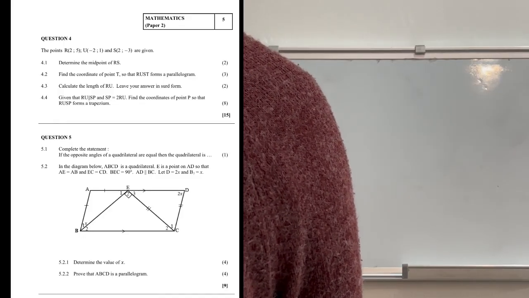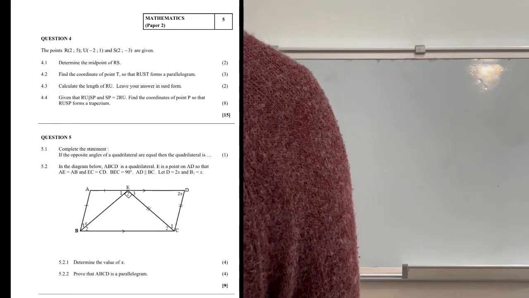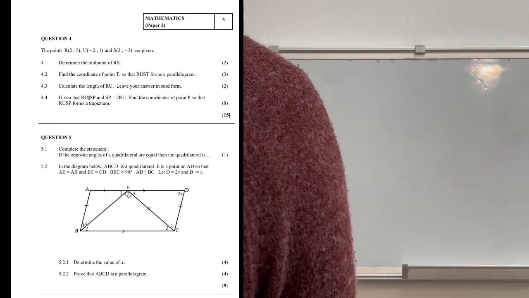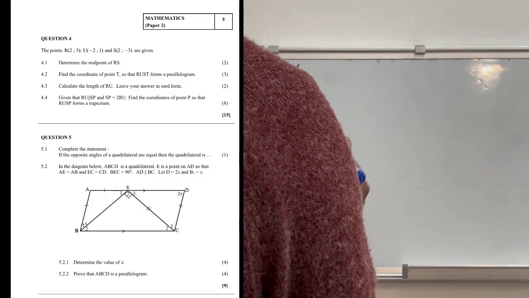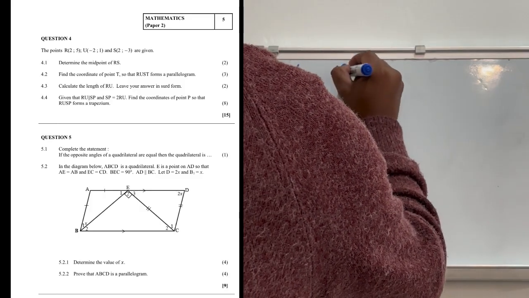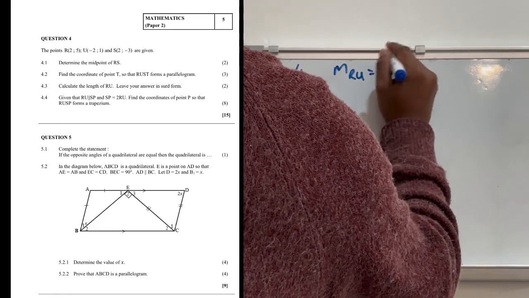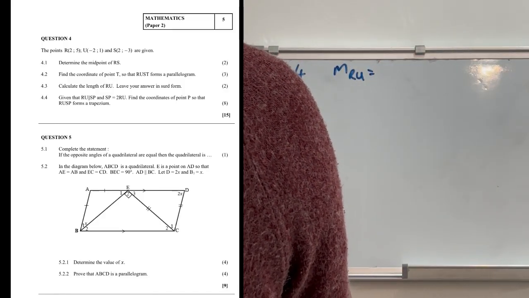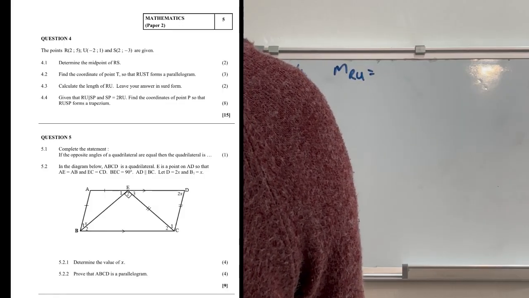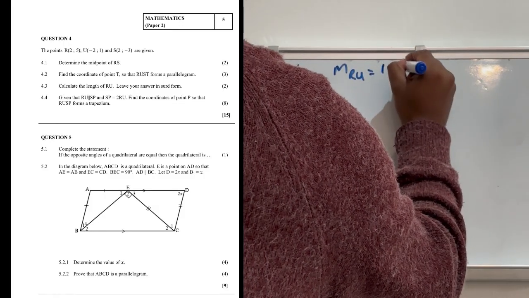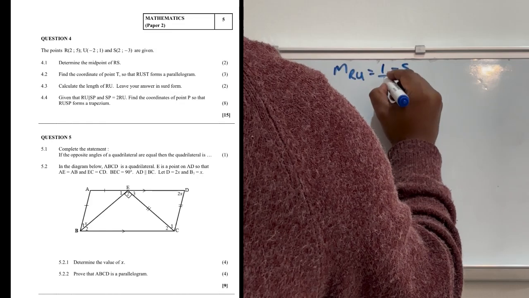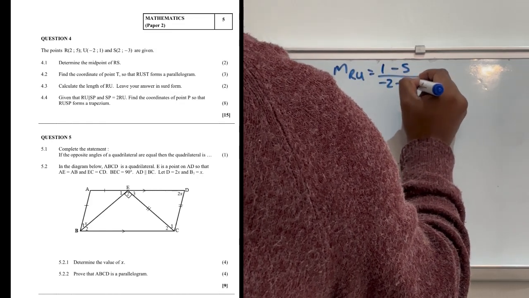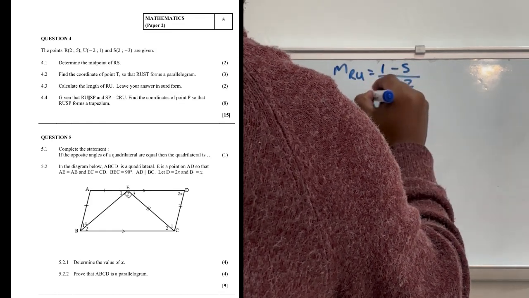So the first equation we can get, because RU is parallel to SP, is the gradient of RU first. What is the gradient of RU? It can be 1 minus 5 over minus 2 minus 2, and that will give us 1.